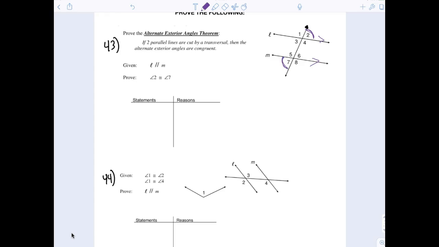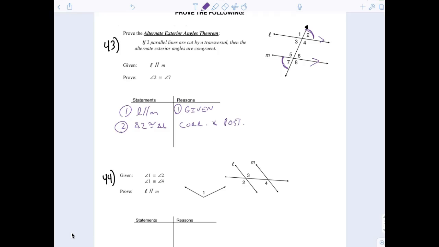I'm trying to prove angle 2 is congruent to angle 7. So step 1, I think it's very easy. L is parallel to M, and we'll say that is given. And then step 2, we can say angle 2 is congruent to angle 6, corresponding angle postulate.